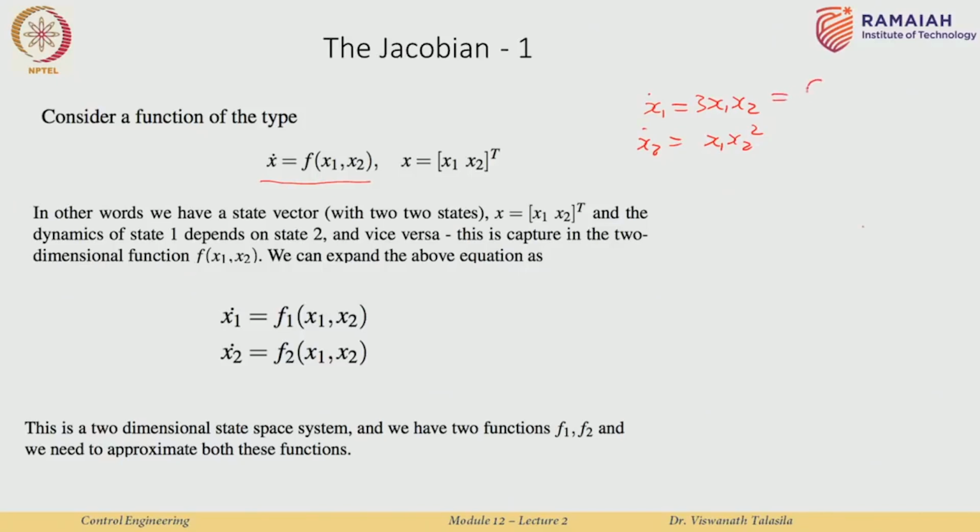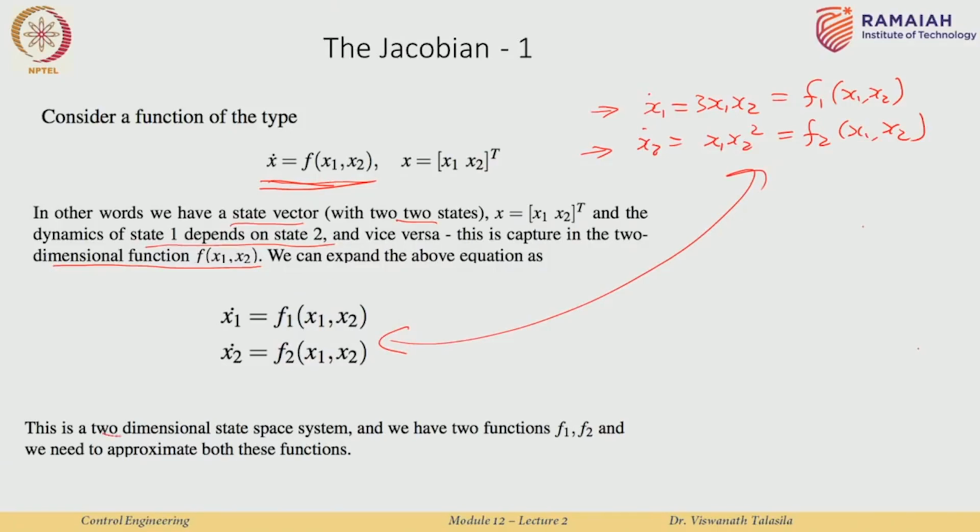Now, this would be my f1 of x1 comma x2, this would be nothing but f2 of x1 comma x2, right. That is basically this expression expanded in two equations. Okay. So, that is basically what we are saying. If you have a state vector with two states and the dynamics of state 1 depend on state 2 and vice versa, this is captured in the two dimensional function f of x1 comma x2, okay, and that is exactly what we have done over here.